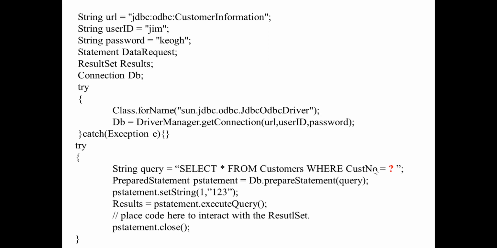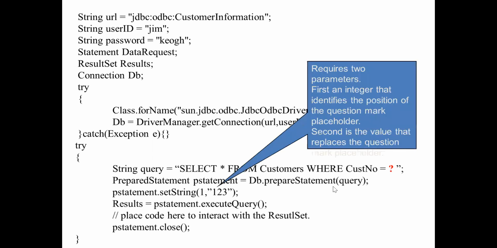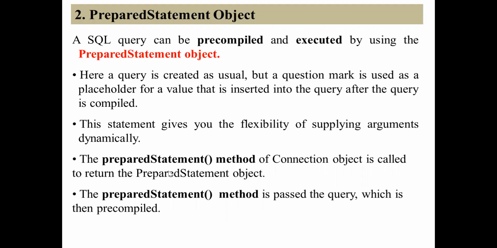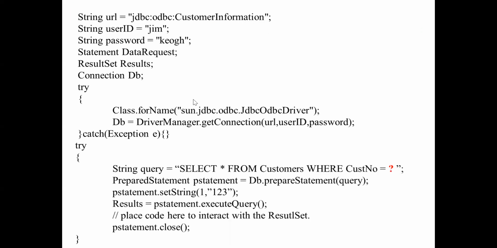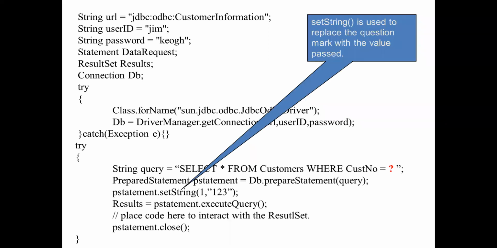Since it is pre-compiled, I can use the prepared statement equal to db.prepareStatement(query). Here I can use parameters as an argument. So ps, the prepared statement, is equal to db.prepareStatement of query.